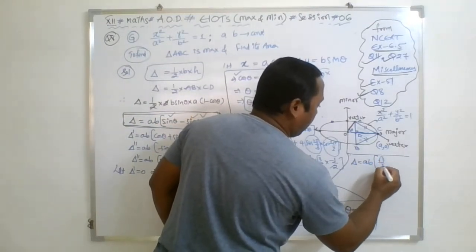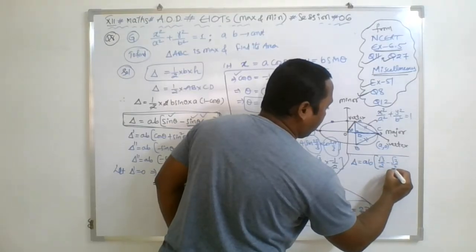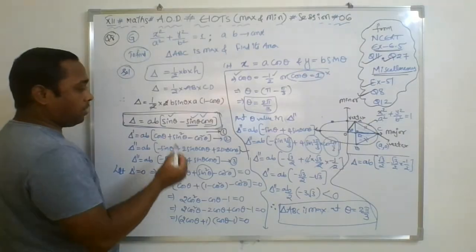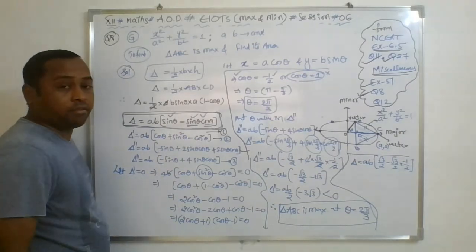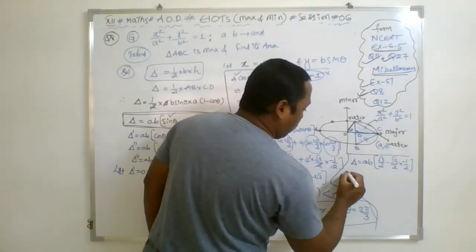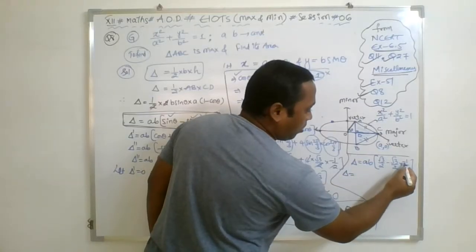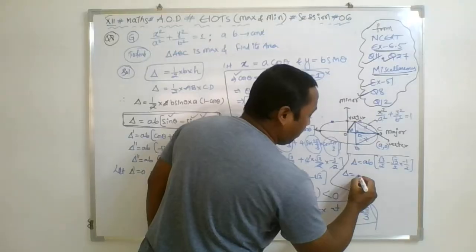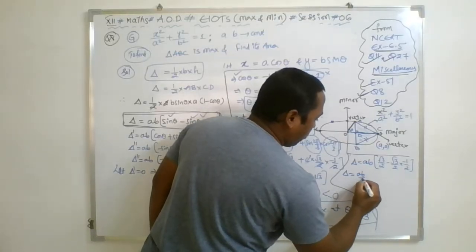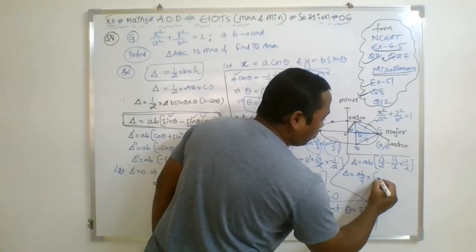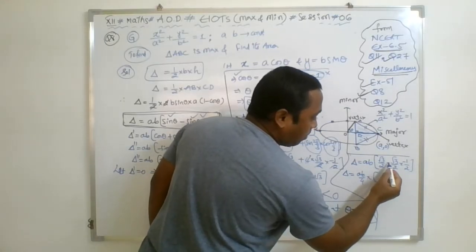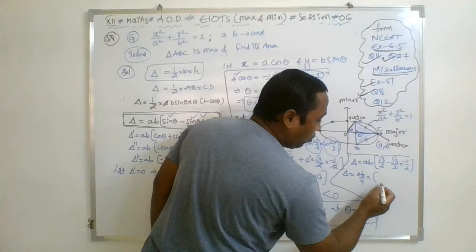So root 3 by 2 minus root 3 by 2 into minus 1 by 2. I have simply substituted sin theta and cos theta values in the formula. So it will be what? Minus into minus plus. So 4 is the LCM. So AB upon 4 into 2 root 3 plus root 3, that is 3 root 3.